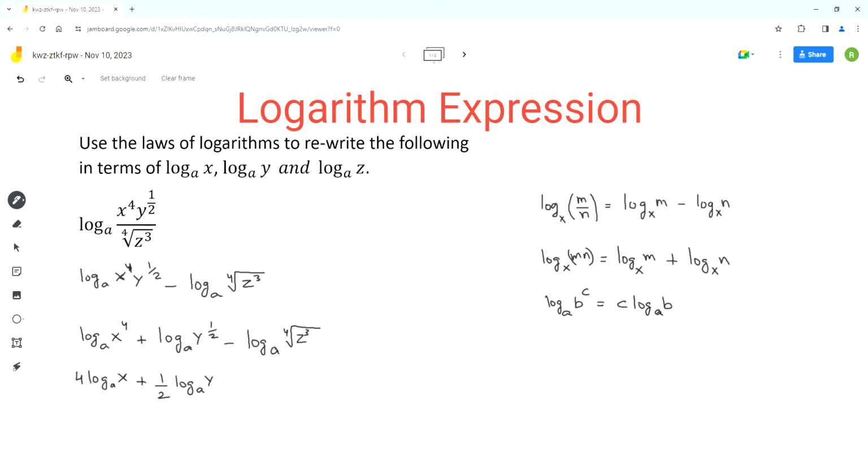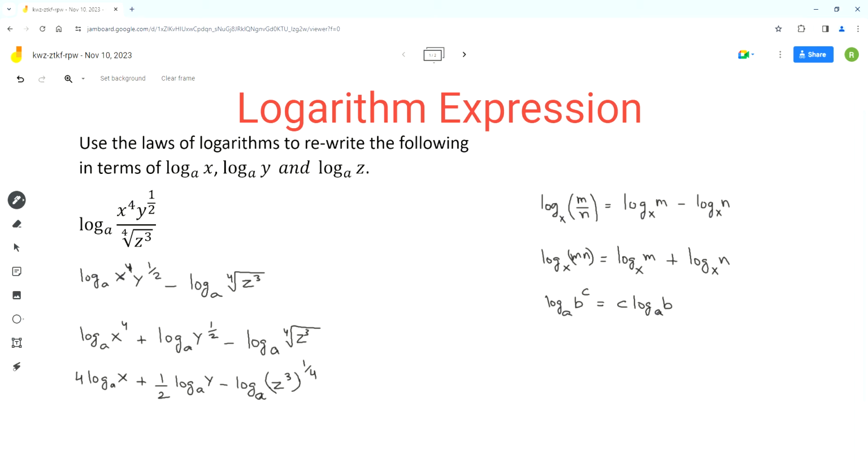Now in the third term, the z term, the first step here is to convert this radical into a rational exponent, and that will be log of z to the power 3, and then the fourth root becomes the rational exponent 1 over 4 and the same base a.